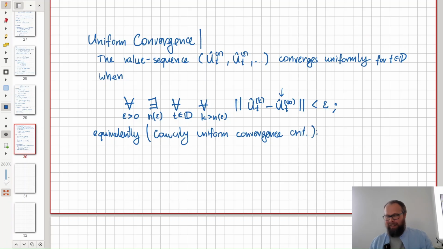Convergence criteria, which, as all Cauchy criteria would be: for all epsilon, there exists a threshold dependent only on epsilon, such that for all t in our domain and all n greater or equal m greater than the threshold, the sequences are getting closer.